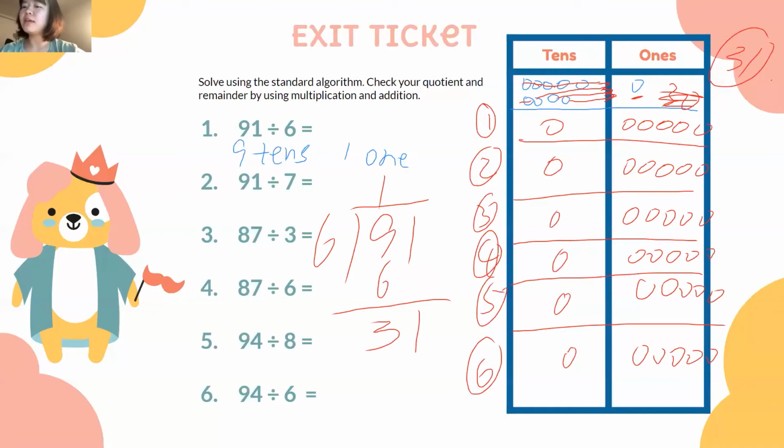So 30 plus 1, that is 31, which we have right here. And we put 5. And this is the largest number we can give to the ones place for each group. So 5 times 6 gives us 30. And the remainder is 1. So 91 divided by 6 equals 15, remainder 1.